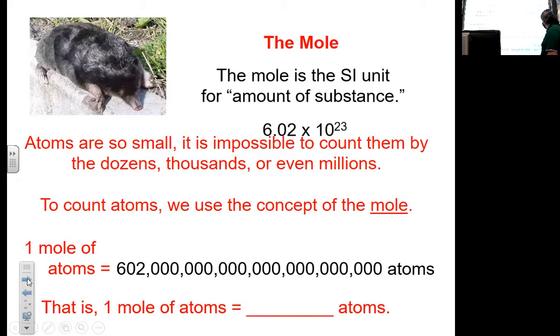And so we don't usually use that word, because that number is hard to type in the calculator. So instead we use scientific notation, 6.02 times 10 to the 23rd. And if you only learn one number from chemistry, let it be that number. This is kind of the number that's going to guide us really for the rest of the year. 6.02 times 10 to the 23rd.